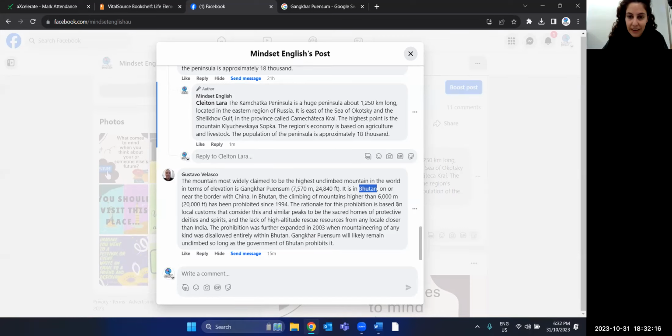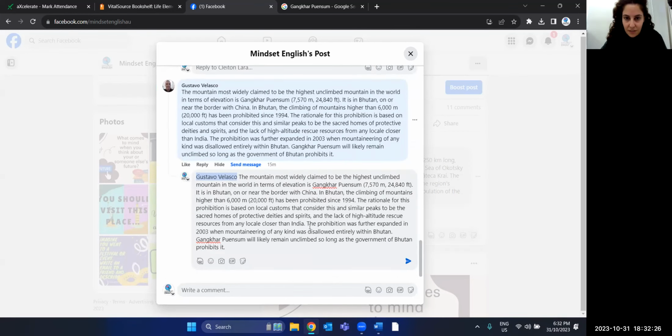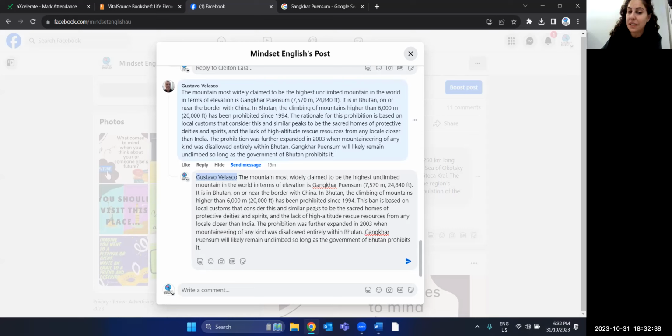The prohibition is based on local customs. I might just make that a bit simpler English. So this ban, another word for prohibition, is based on local customs that consider this and similar peaks, that's the highest point on the mountain, to be sacred homes of protective deities, that's like gods and spirits, and the lack of high altitude rescue resources.